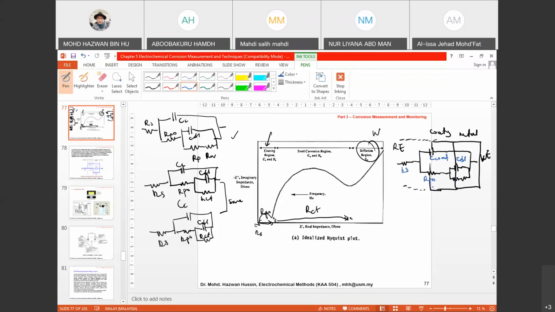Anyone knows? Mahdi and others put RCT or RP, but actually this one is wobble, and this here is RCT. Remember that RCT is always near to the working electrode.